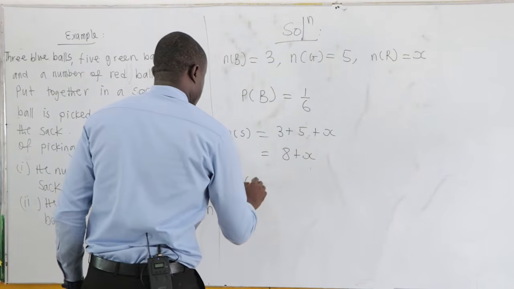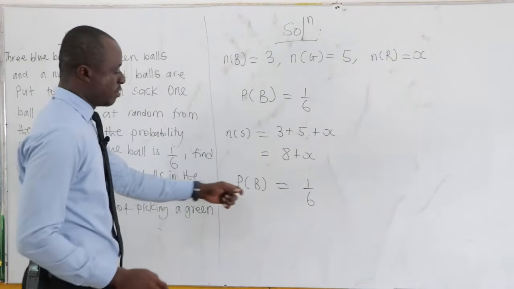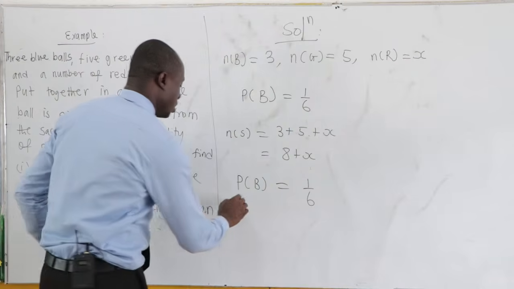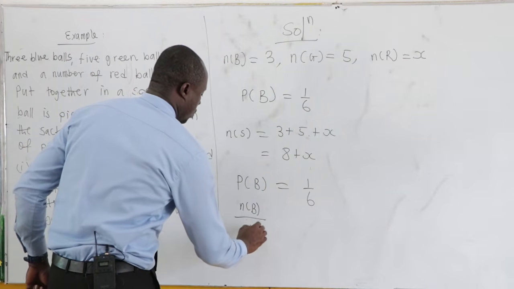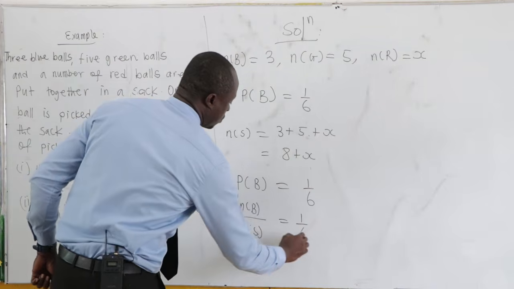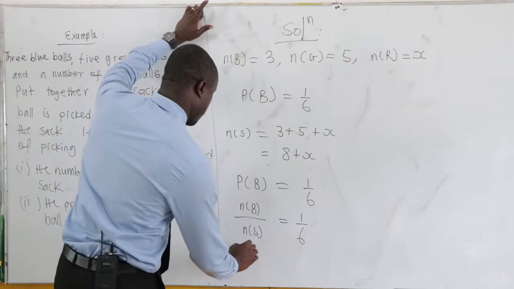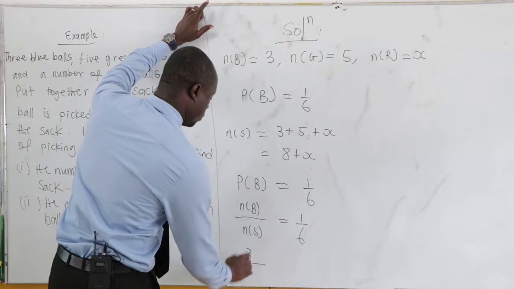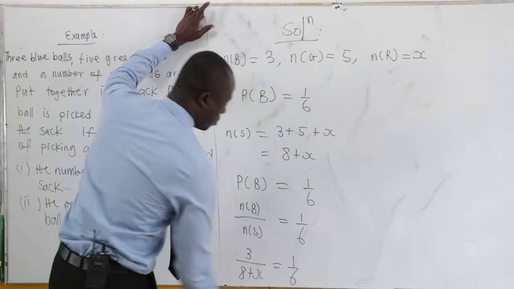The probability of picking a blue ball is number of events over number of sample space, and this is 1 over 6. The number of blue balls is 3, so you have 3 all over 8 plus X, and this is equal to 1 over 6.